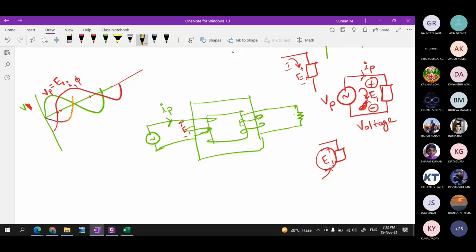The meaning of this is that this voltage Vp is the source voltage. Then you are finding the current. Here your current is lagging Vp by 90-degree, and then you have the induced EMF. It is a voltage rise.